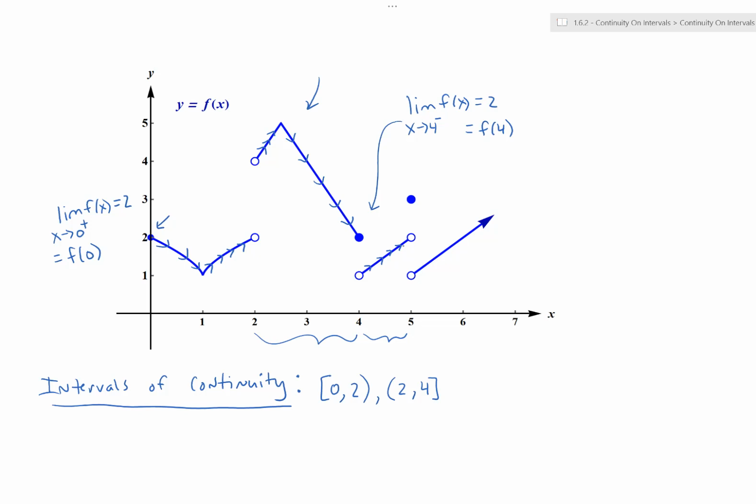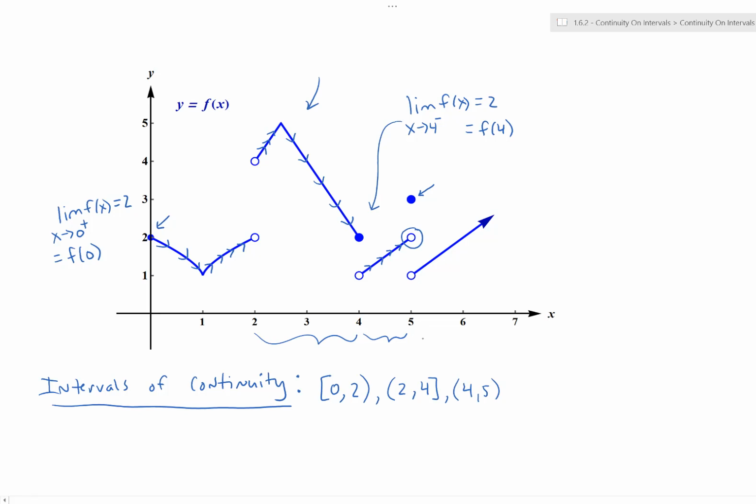And then as we go to 5 from the left, the function is not going to be continuous at 5 from the left because, again, right here, the value of the function is undefined at that little hole. Even though it is defined to be 3, the limit as x goes to 5 from the left is not actually equal to the value of the function there. And hence, the next interval would be the open interval from 4 to 5, continuous everywhere in between 4 and 5, but not at either of the endpoints.